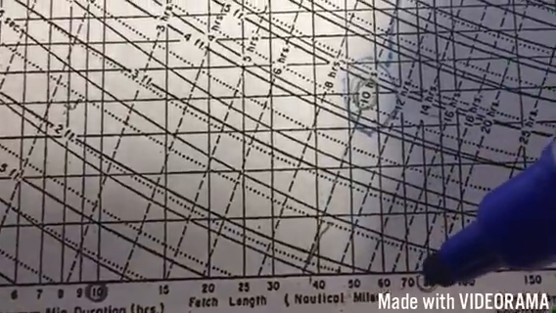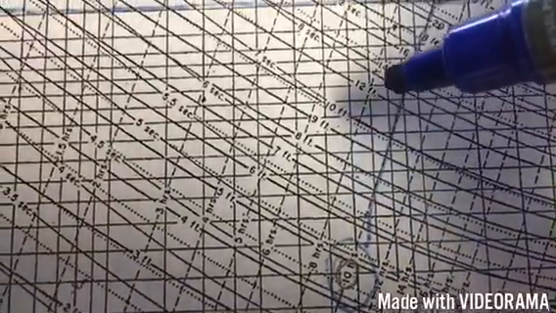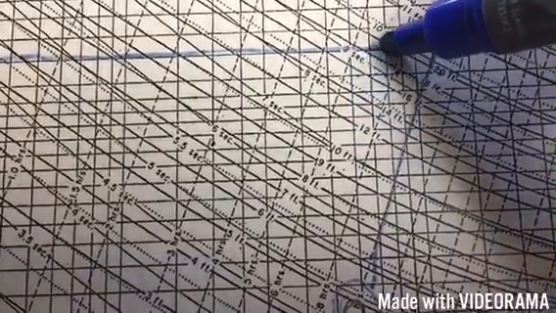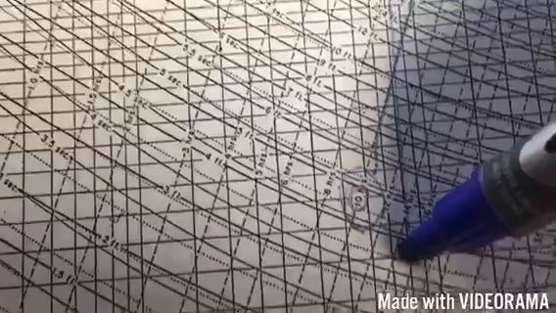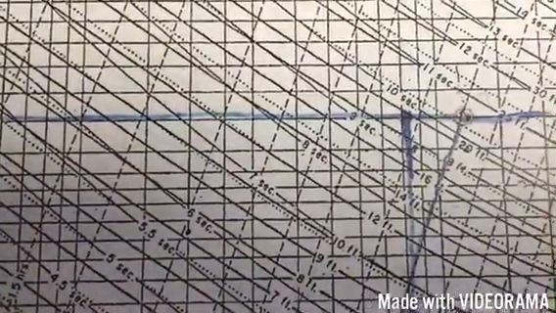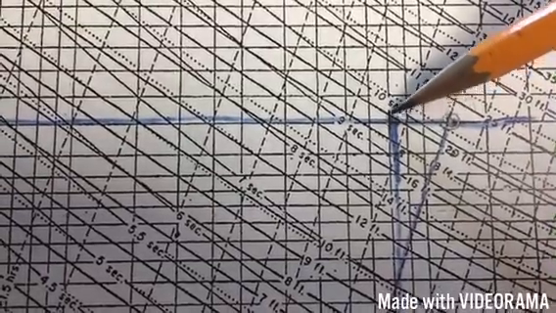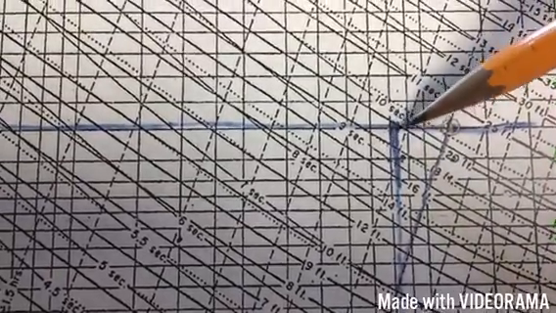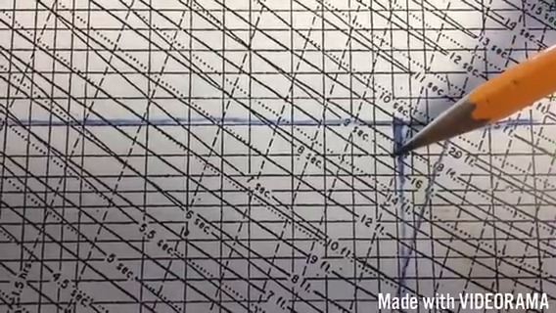So we're going to take this 80 and go straight up right here. Just to reiterate, there's the 80 line, we're going to go straight up. Now, if we look, our fetch length gives somewhere between 9 and 10 seconds, so we're going to put a 9.5 second period.